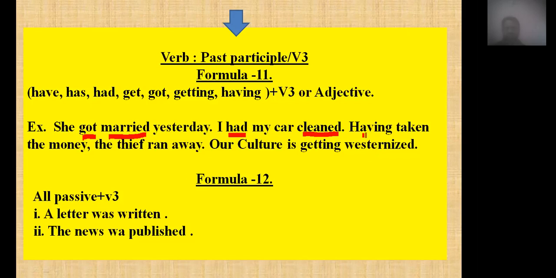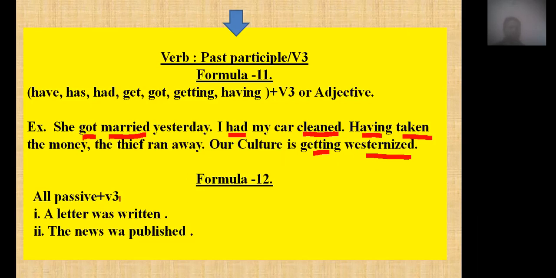Having taken, after having, the verb will be V3. Okay, our culture is getting westernized. Getting westernized means our culture is slowly becoming like the Western culture.